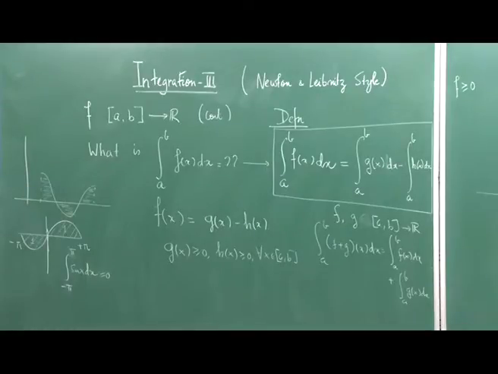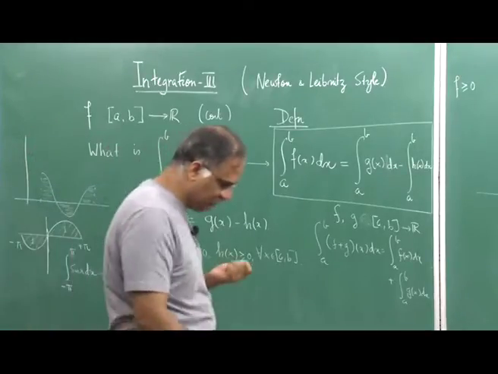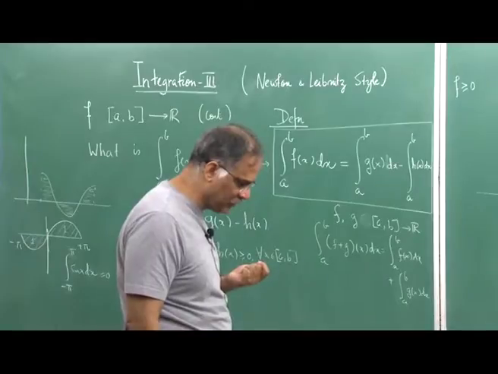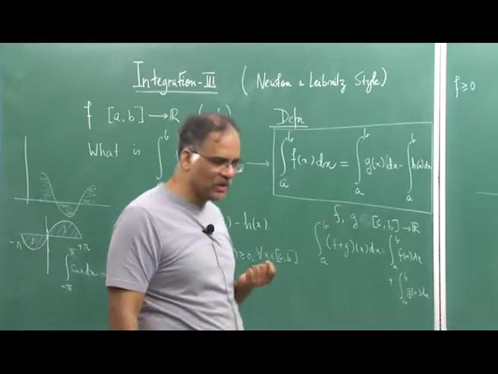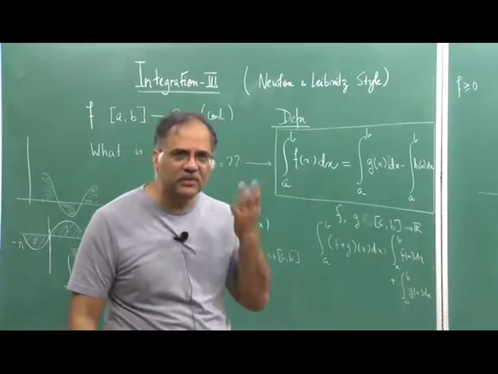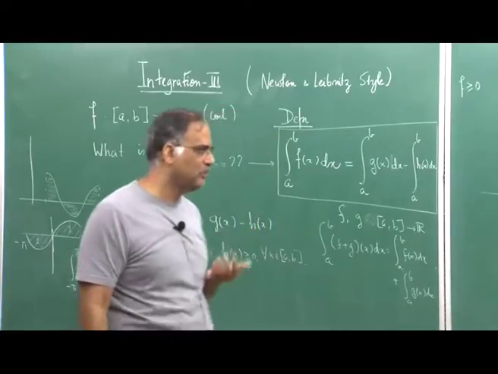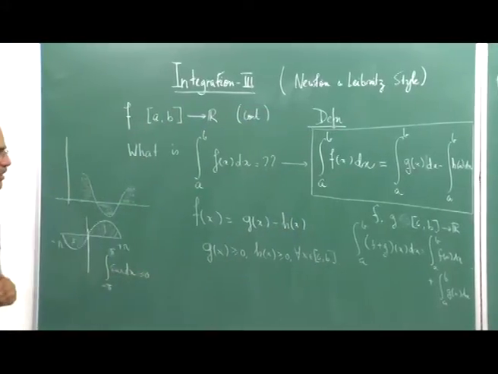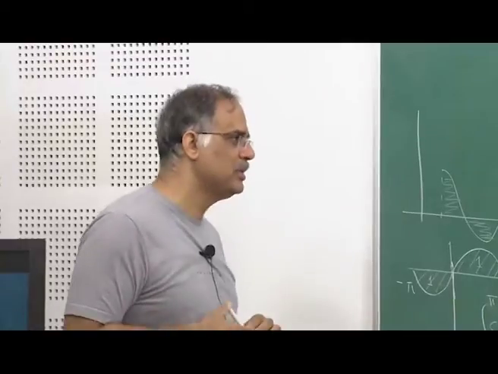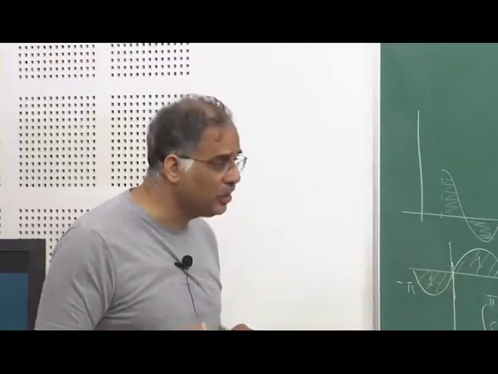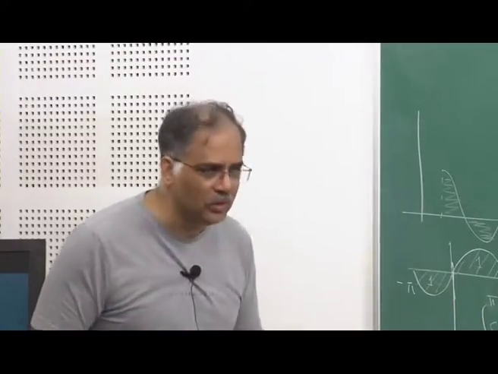If you read the book of Timothy Gowers, who is a Fields medalist. Many of you must know that the Fields medal is one of the most distinguished awards in mathematics, given to mathematicians under 40 who do path-breaking work.